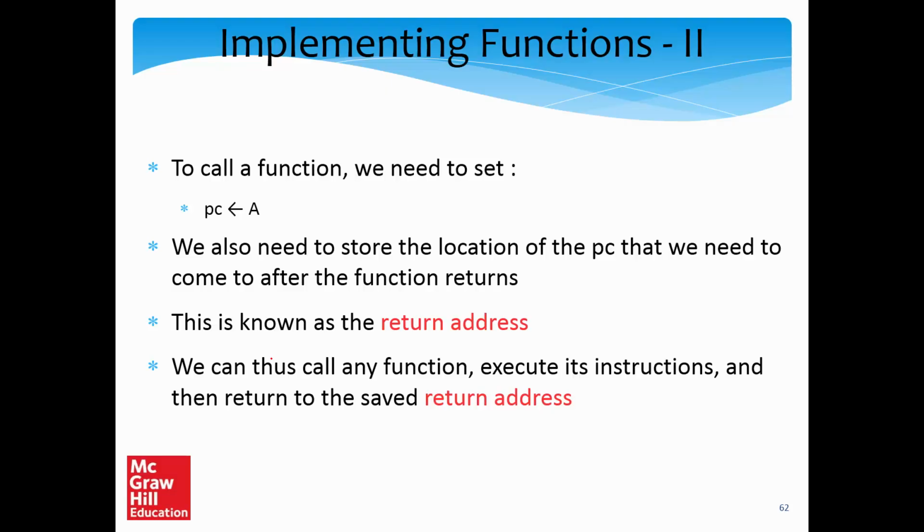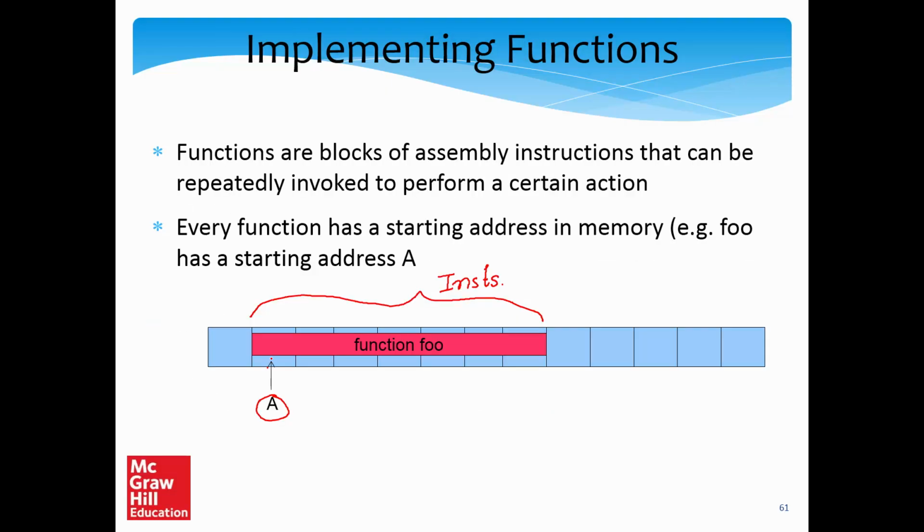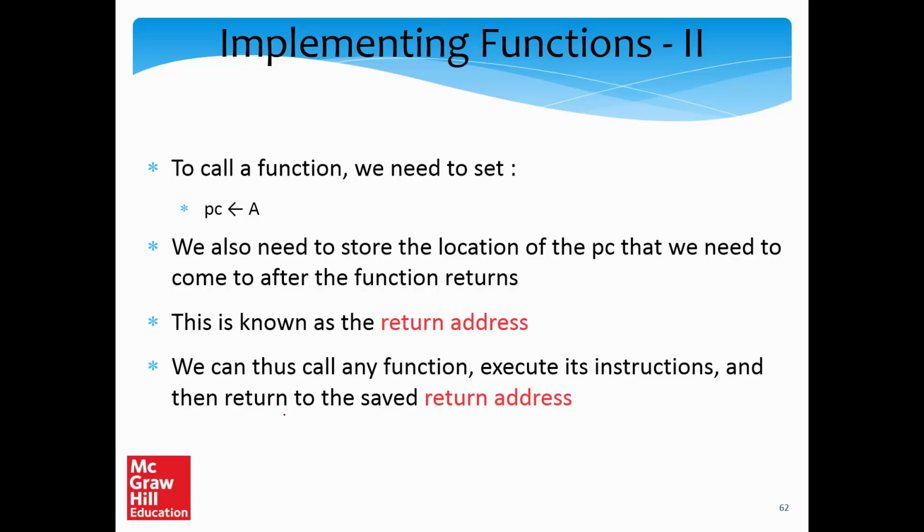So to call a function, what do we need to do? Let's go back to the previous slide. If the starting address is A, we set the program counter to A. This is equivalent to jumping to the first address of the function. Once we do that, we can start executing the function, and after the function completes, we need to store the location of the program counter at which we need to return to.